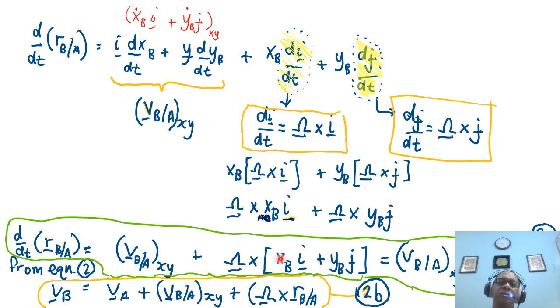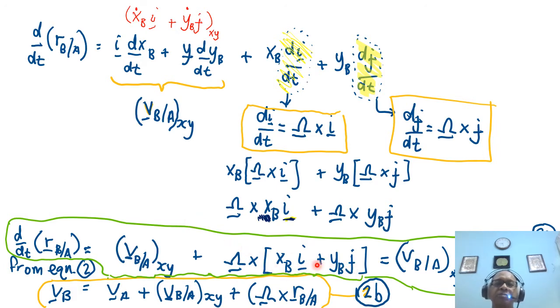Okay, so then we can have this equation that when you differentiate d over dt of rb relative to a, we will have vb relative to a measured in xy, plus omega cross xb i plus yb j.